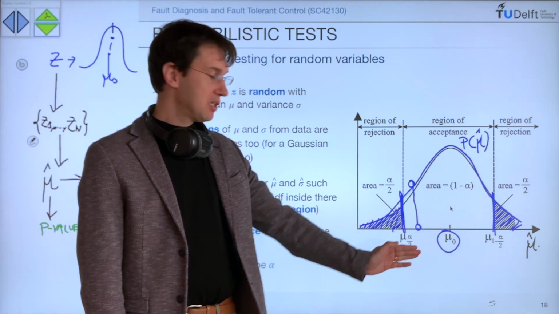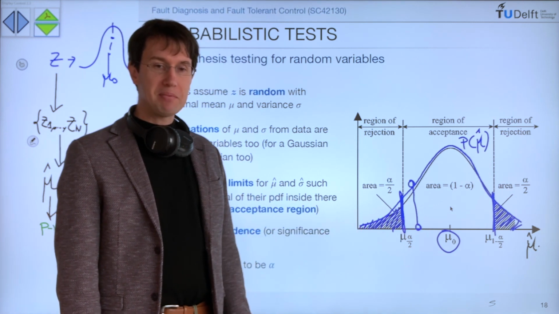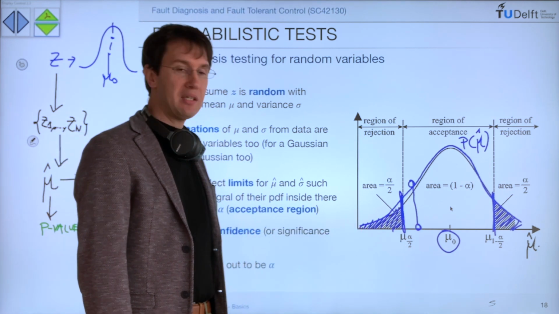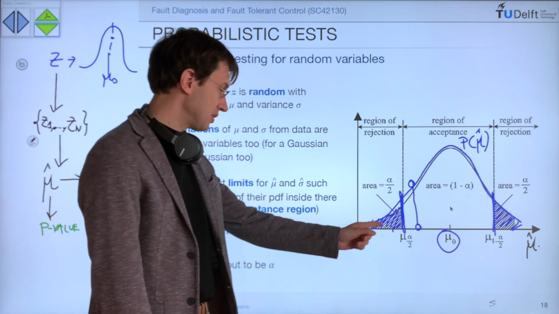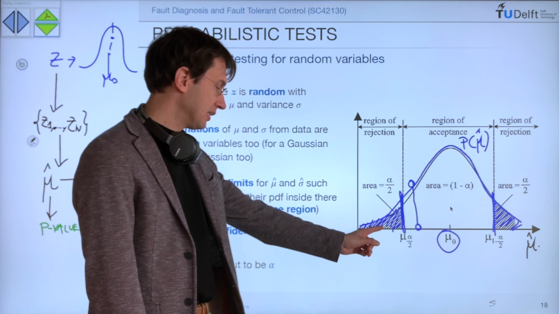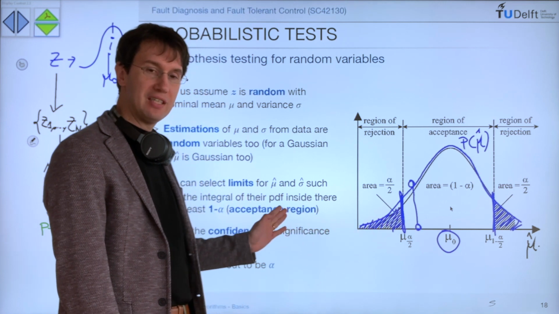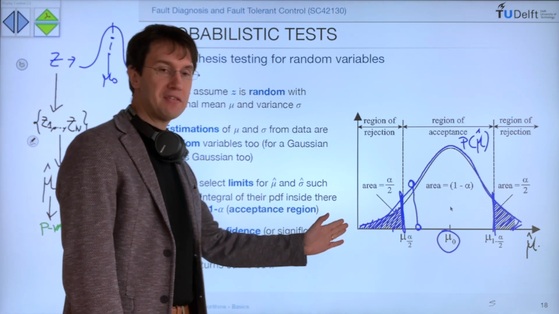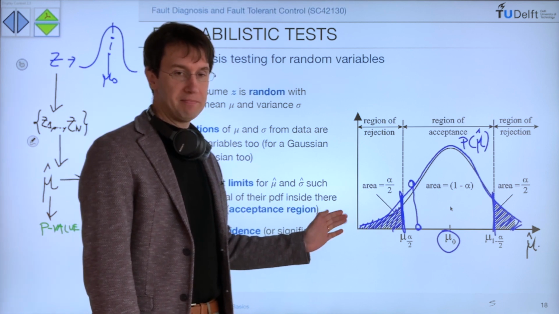Computing that in this case requires you, first of all, to check on which side I am with respect to mu 0. So if I am on the left side, the p-value is actually equal to the cumulative density function. Because if I get a mu hat here, the cumulative density function is actually the integral of everything that I have on the left. So when I am on the left side, the p-value is equal to the CDF.